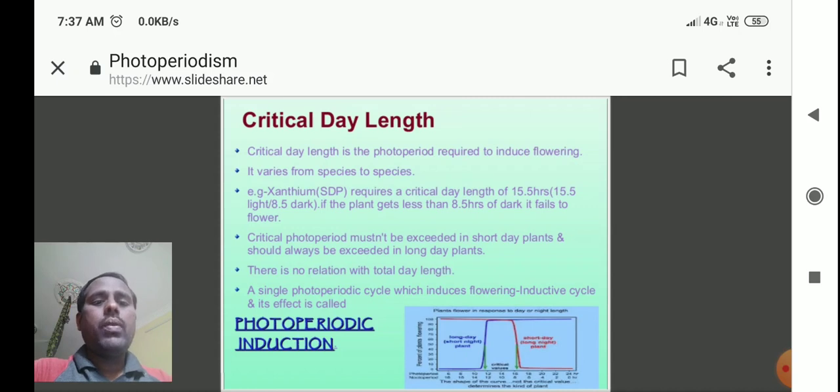The critical photoperiod must not be exceeded in short day plants and must always be exceeded in long day plants, with no relation to the total day length. A single photoperiodic cycle that induces flowering is called photoperiodic induction.